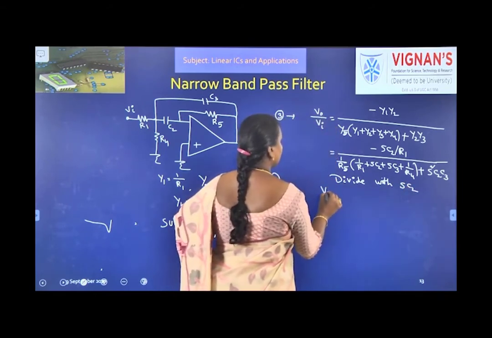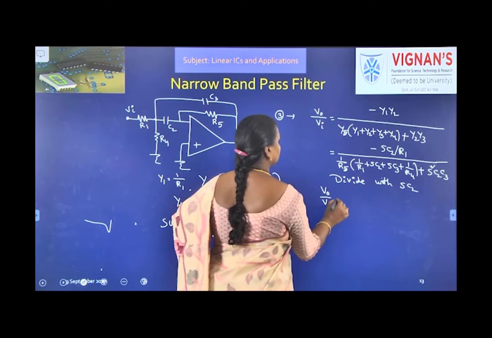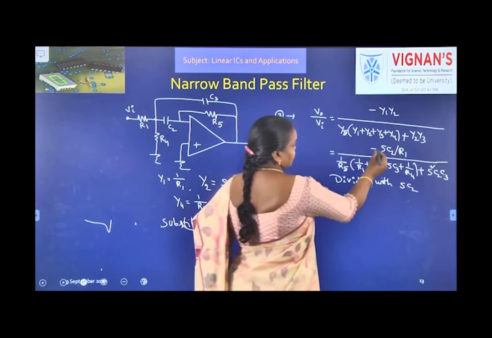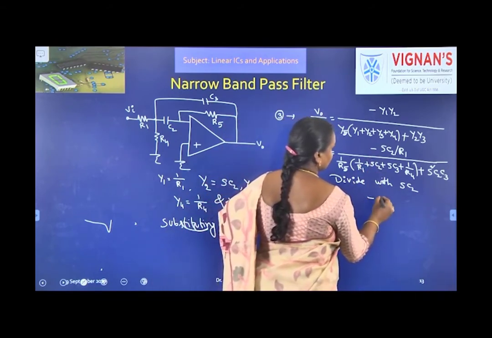So what is V naught by Vi then? Minus 1 by R1.